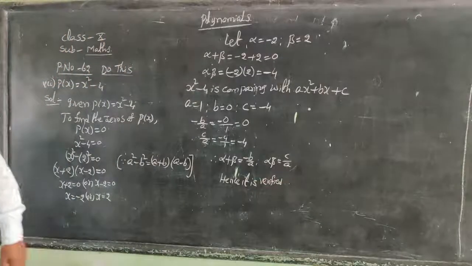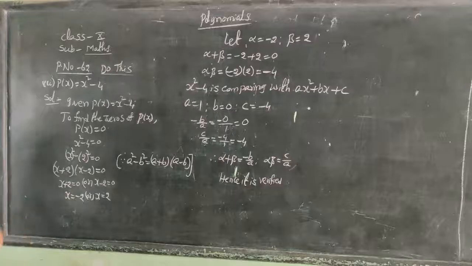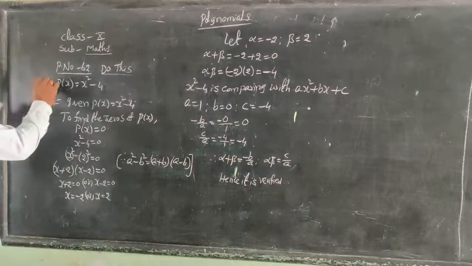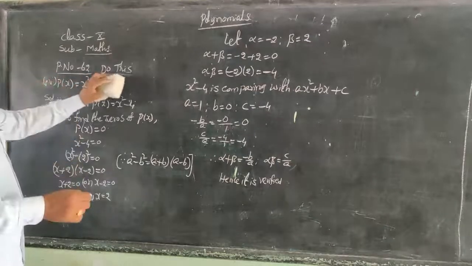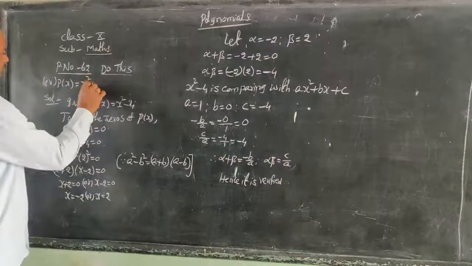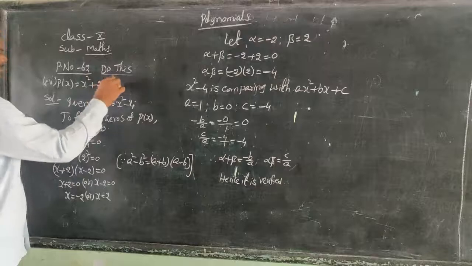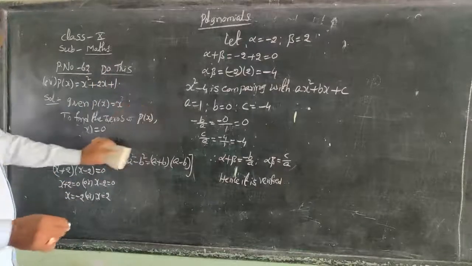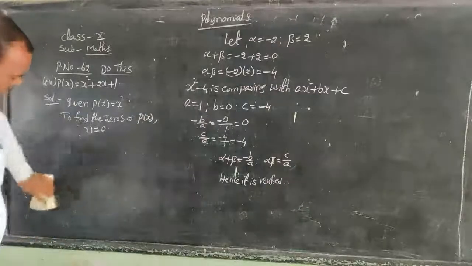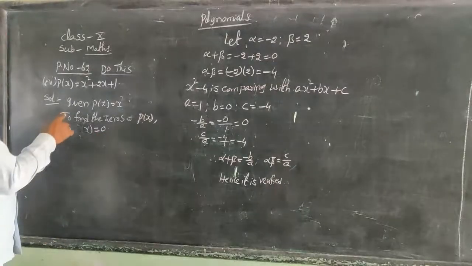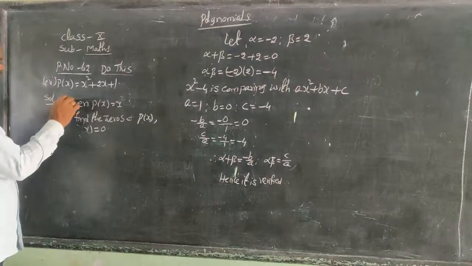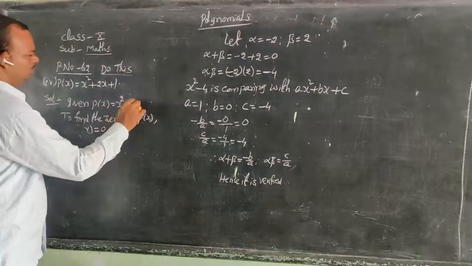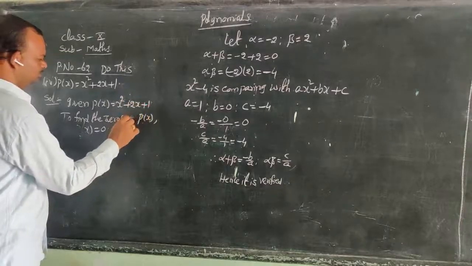And the next one is x square plus 2x plus 1. The fourth one is x square plus 2x plus 1. It is given p of x is equal to x square plus 2x plus 1.